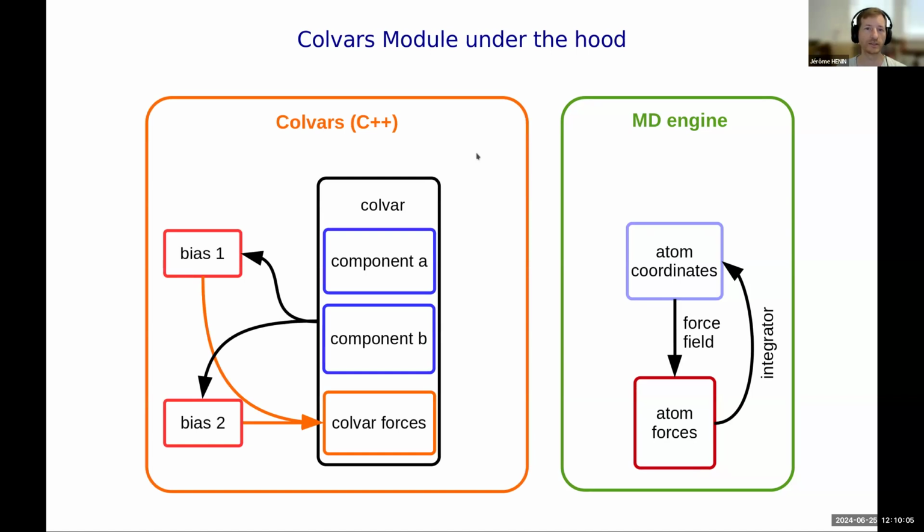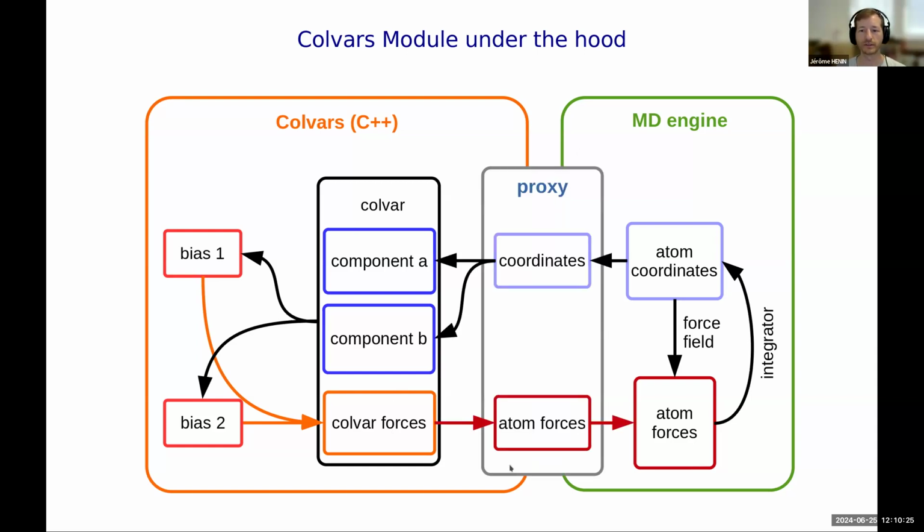And then on its side, Colvars is maintaining a list of collective variables, which are possibly combinations of these basis functions that we call components, and then different biases. Based on that, it's computing Colvar forces that are applied not on atoms, but on the variables themselves. And in the middle, there is a proxy, really a communication system that passes atom coordinates to one side and passes back atom forces on the other side.